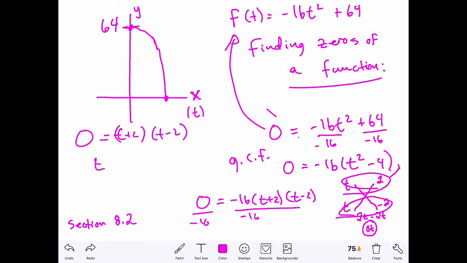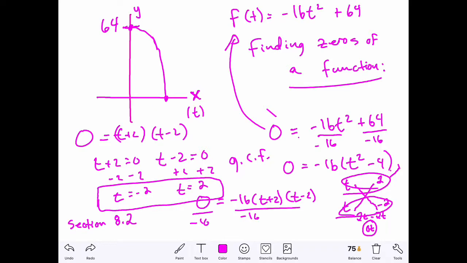Then I'm going to set both of those factors equal to 0 and solve. So t equals minus 2 and t equals positive 2. Those are what's called my zeros. All right, so I know that at a time of 2 seconds our egg is going to hit the ground.